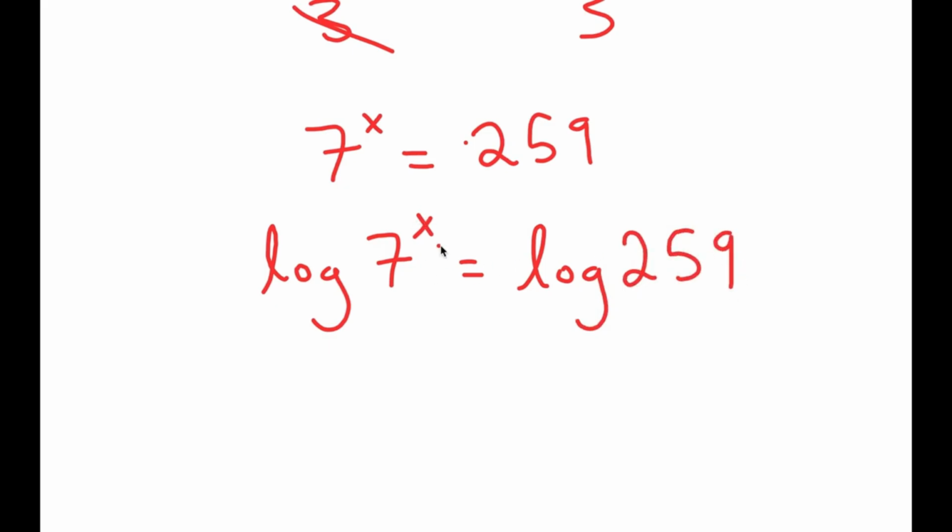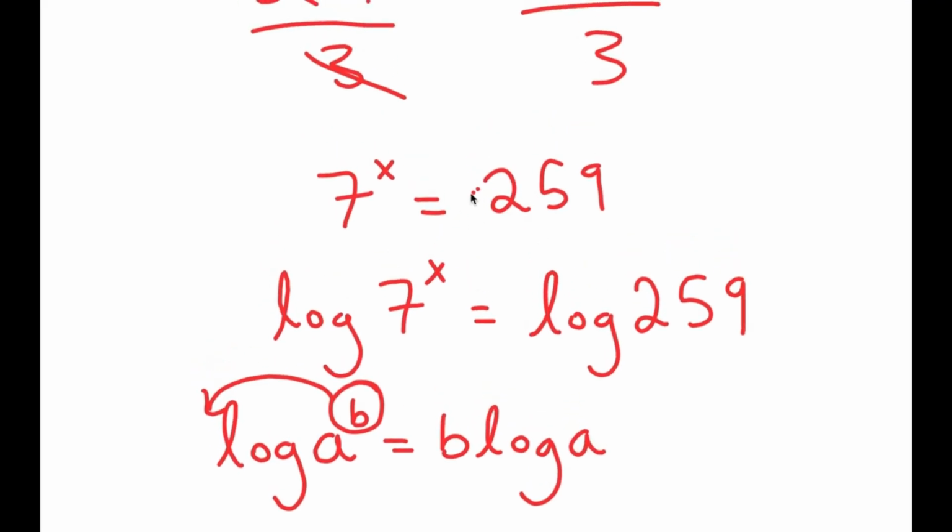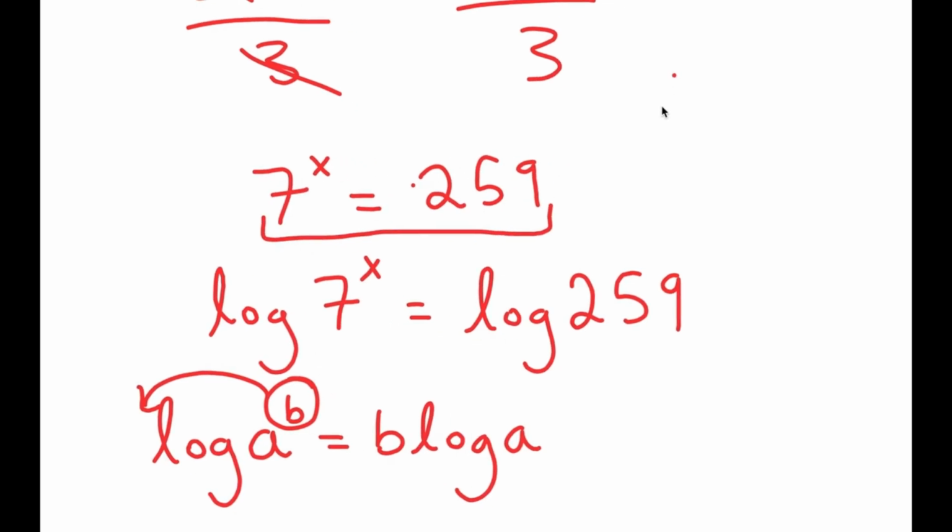And the reason I did this is because logarithms have a helpful property that states that if I have something in the form log a to the power of b, I can move this exponent b to the front, so this turns into b times log a. And the reason this property is so useful is because right now, as it is, 7 to the power of x equals 259.